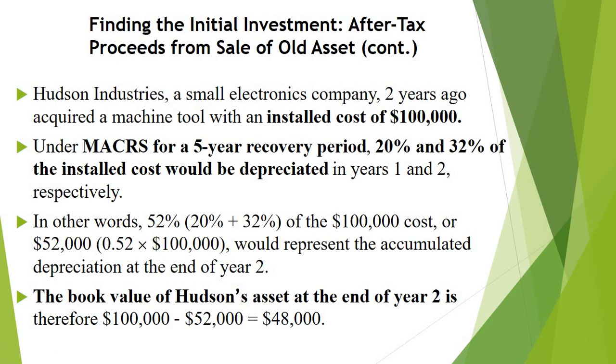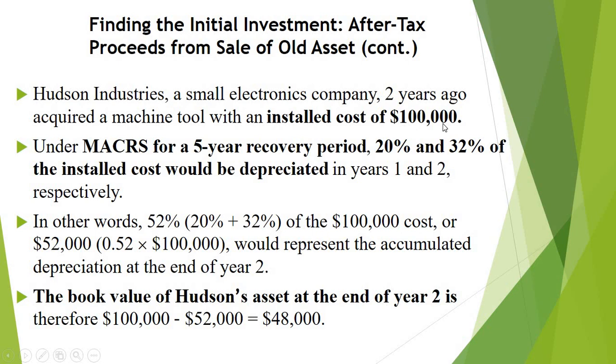Now let's look at how we find out book value of an asset. For example, Hudson Industries bought a machine tool around 2 years ago with an installed cost of $100,000.